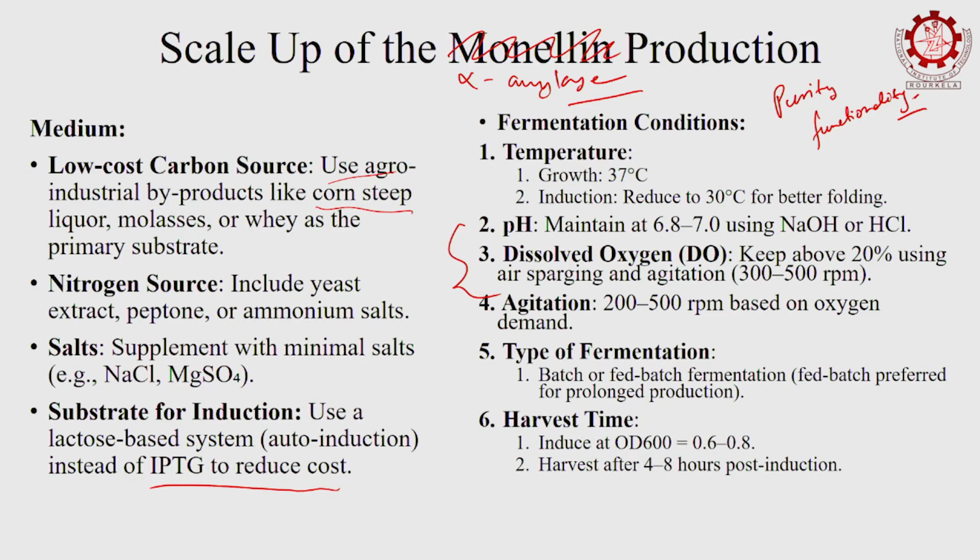For small scale production we follow batch fermentation, and for large scale production fed batch fermentation. During harvesting, we check the OD at 600 nanometers, which should be in the range of 0.6 to 0.8. In that condition we will be harvesting it.